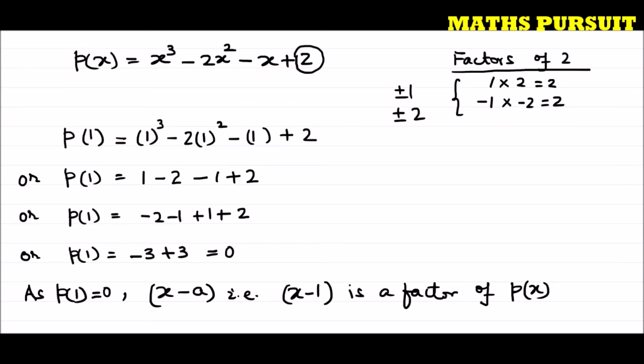So we are able to find one factor, that is x minus 1. Now after finding the first factor, let us move ahead to find the other factors.